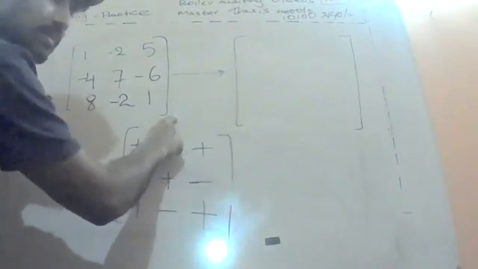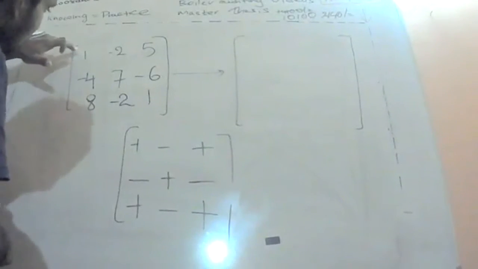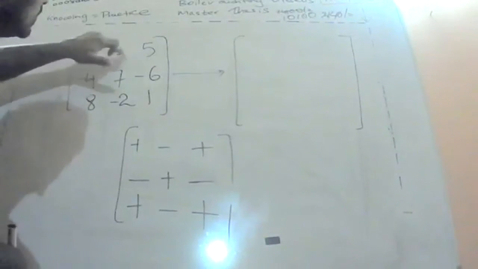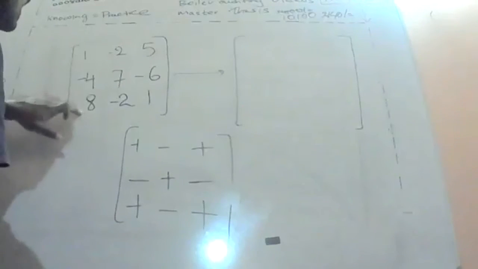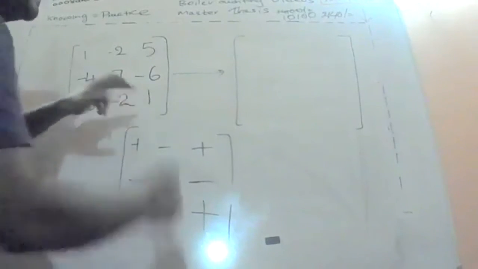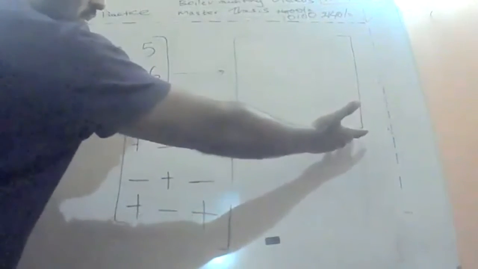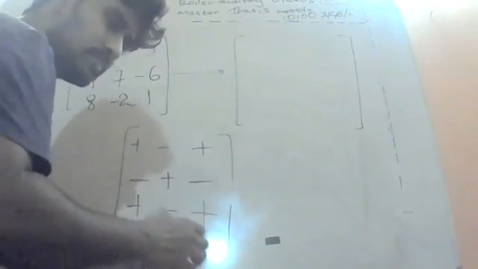Now just consider this matrix. The first row elements are 1, minus 2, 5, minus 4, 7, minus 6, 8, minus 2, 1.